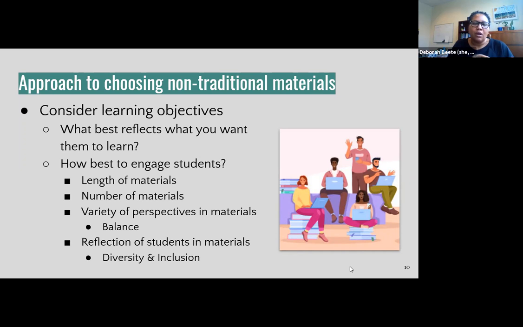In one of my 3000 level classes, I do a lot of work on professionalism with students, and one of the things we discuss is the bias in professionalism. I try to make sure that if I am giving TED Talks or other videos, they're not just from one type of person, that they are seeing a variety of experts talk about whatever the topic is. So that's just one way.